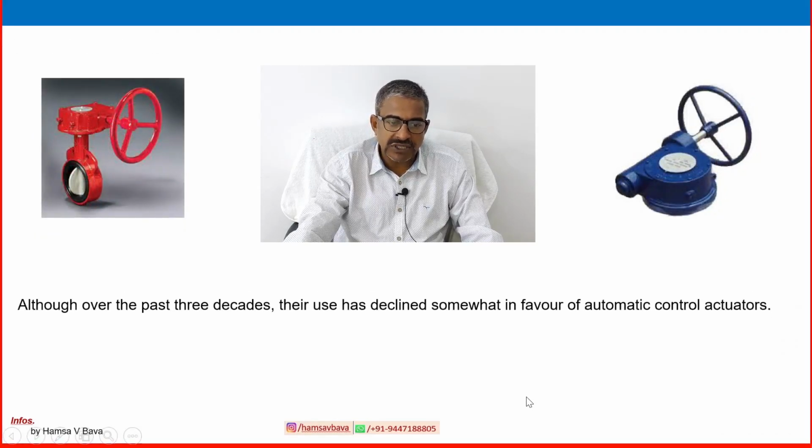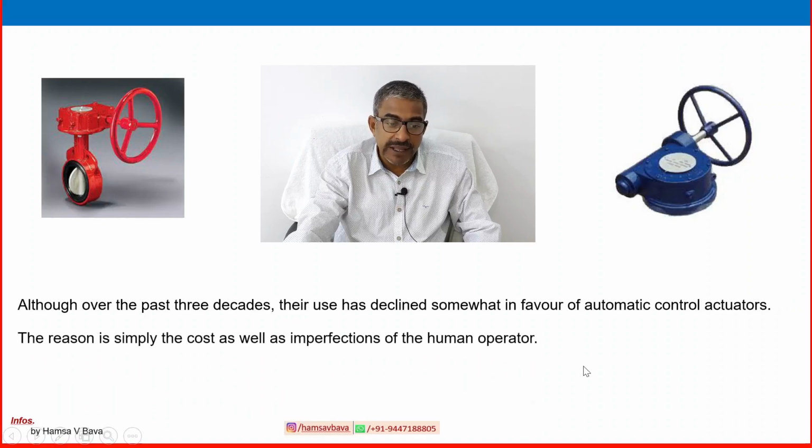Although over the past three decades their use has declined somewhat in favor of automatic control actuators. So manual operation systems are reducing, and mechanical or other types of actuators with automatic control systems are being implemented in valve opening and closing technology, or external power technology.